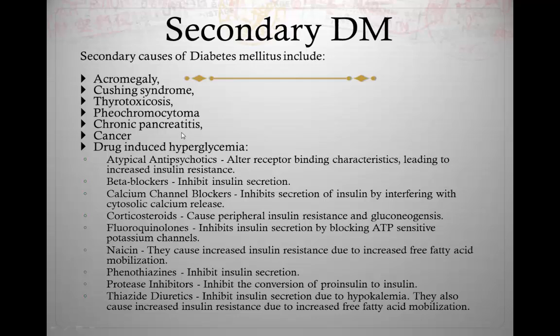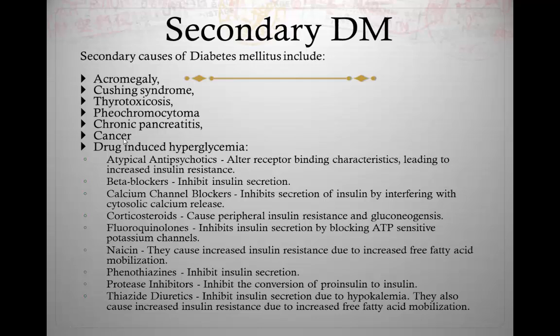Any pancreatitis or any damage to the beta cells will produce insulin deficiency. Therefore, you could have hyperglycemia. Any mutations or alterations in the cellular metabolism could also alter the production of glucose and absorption as well.